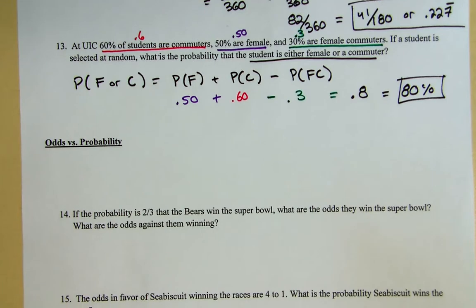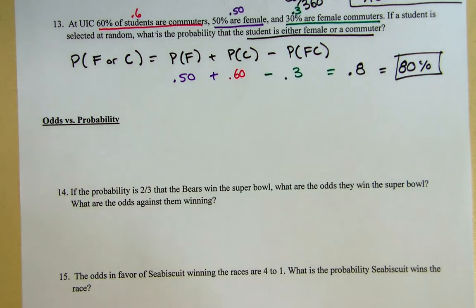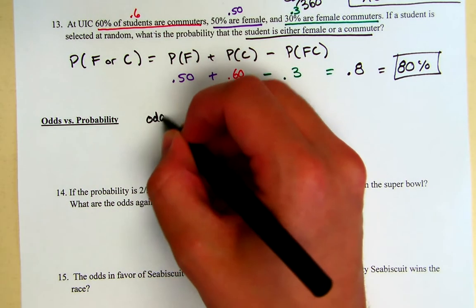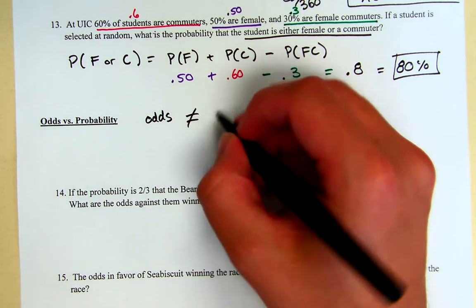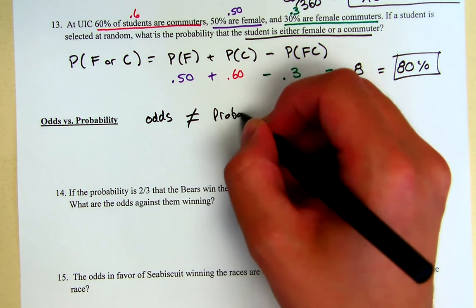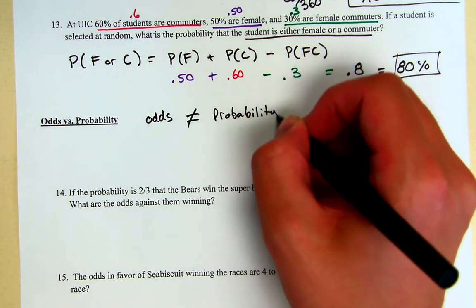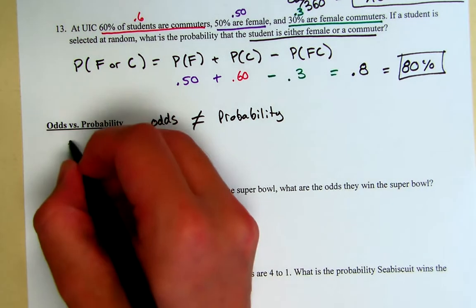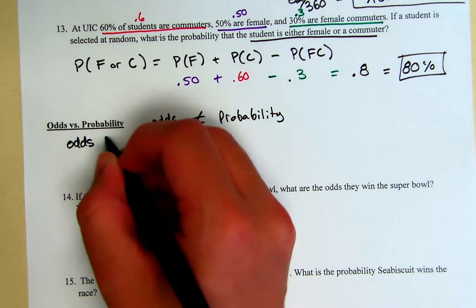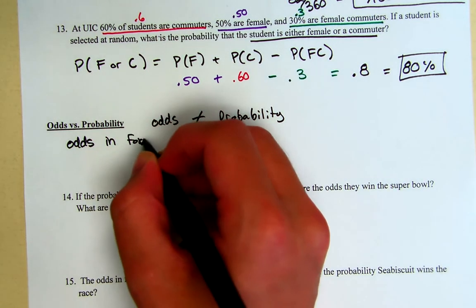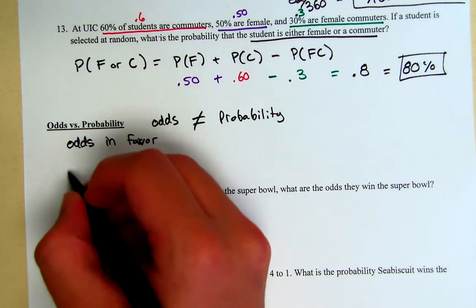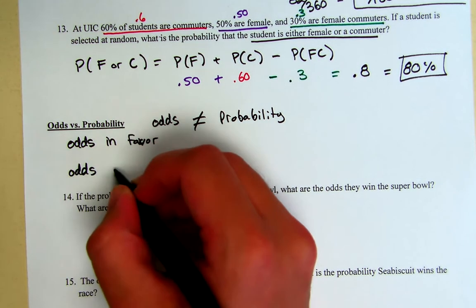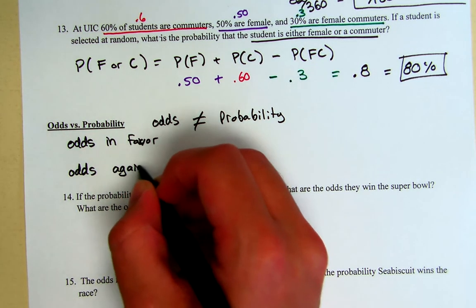One more topic here is odds. Odds and probability are not the same thing. So what are odds? Odds can be either in favor or we can have odds against.